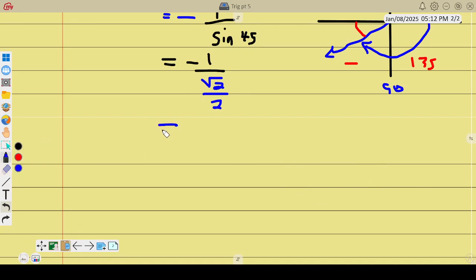So this will be equal to negative 1 divided by root 2 over 2, that is the big dash. So this will be negative 1 times 2 over root 2.